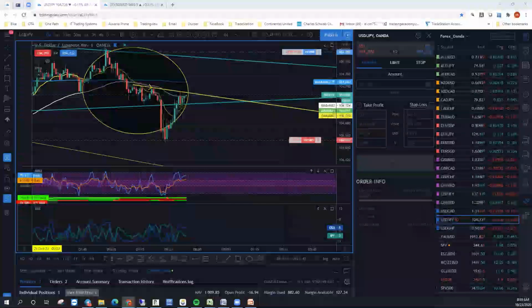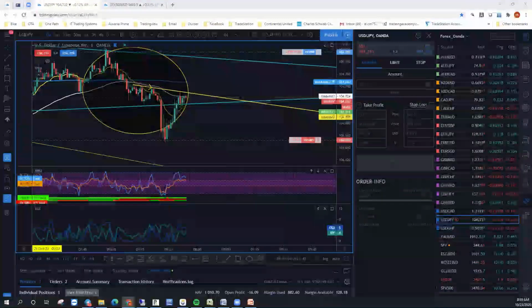If it breaks any higher than this, I'd consider exiting the trade, because that 1 minute 62 is right there, and that means my entry was very premature. By the time I actually got filled, it was already halfway through the candle. That was a 5 pip 1 minute candle.